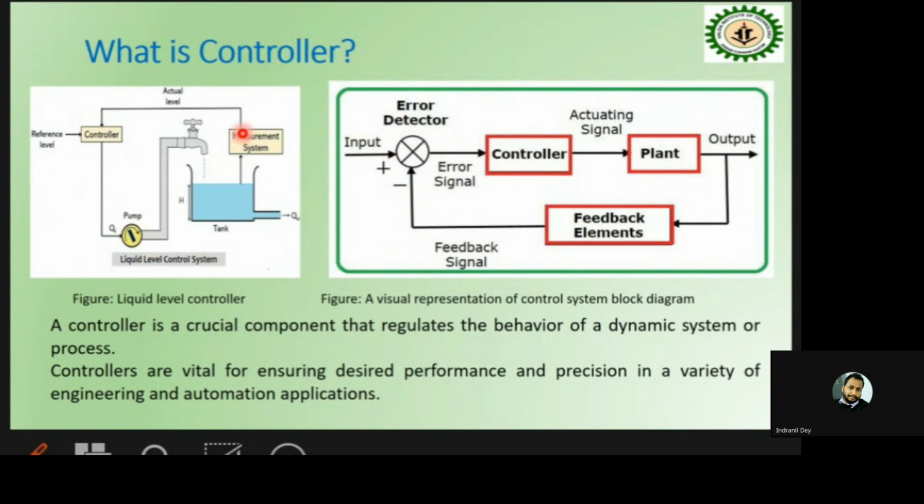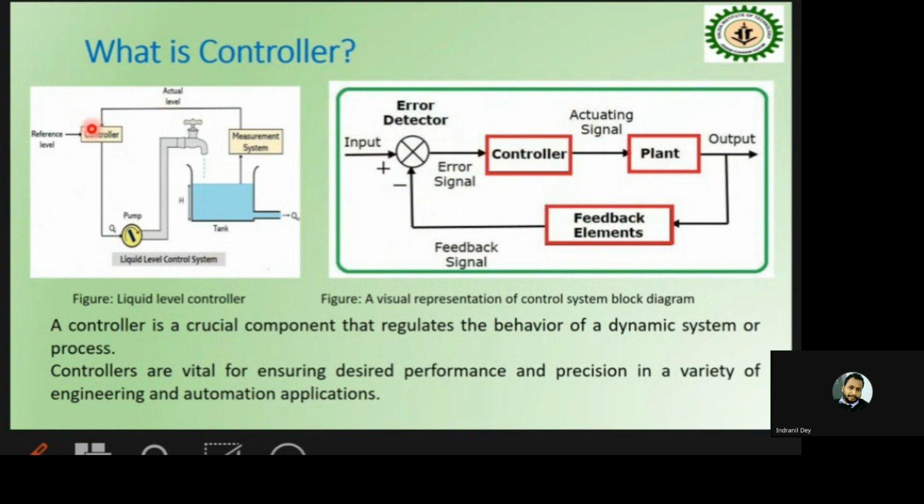This height is measured by this measurement system, which for this particular case will measure the height of the liquid in the tank, and that will give the actual data of the process variable to the controller.